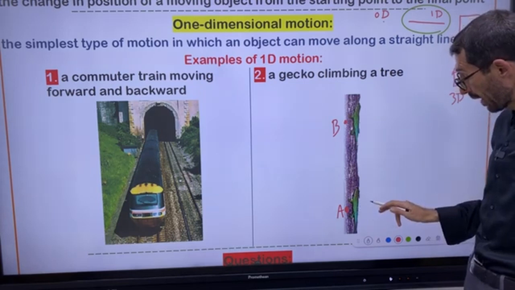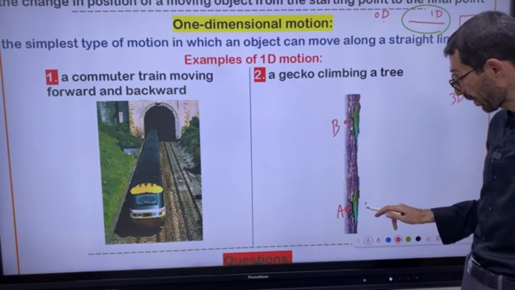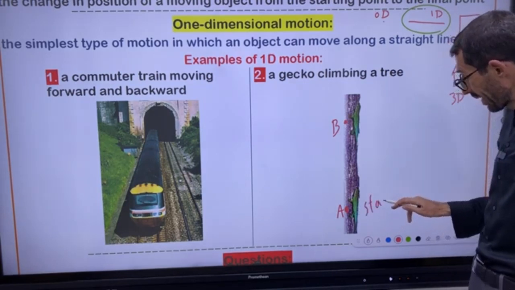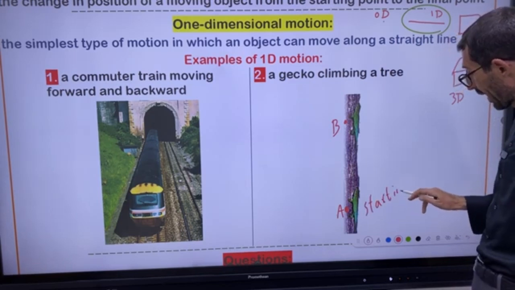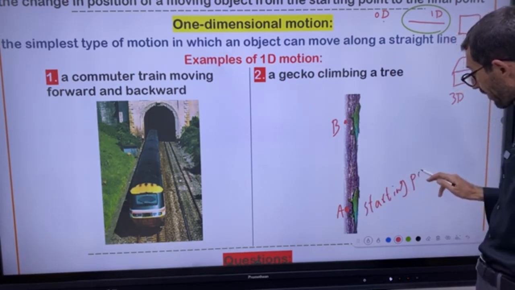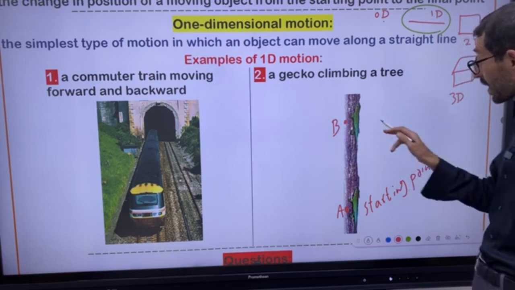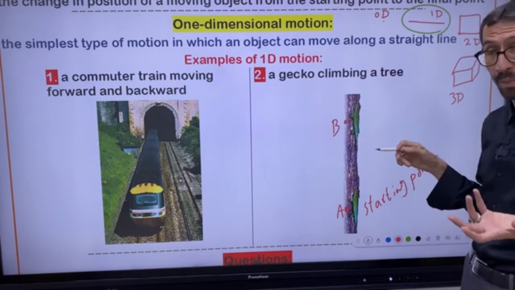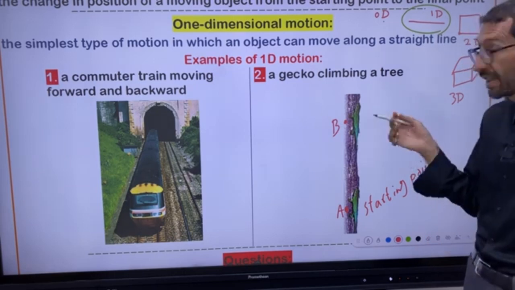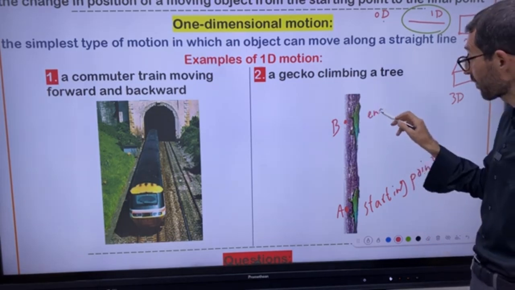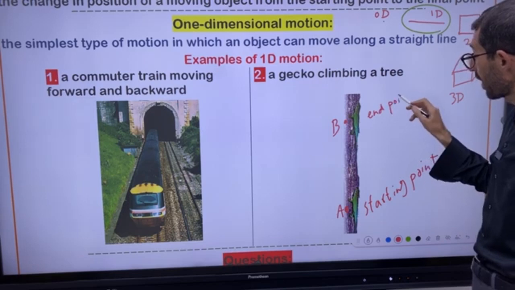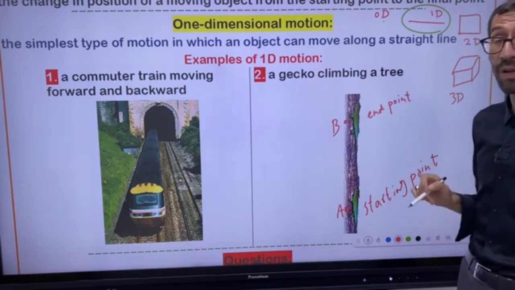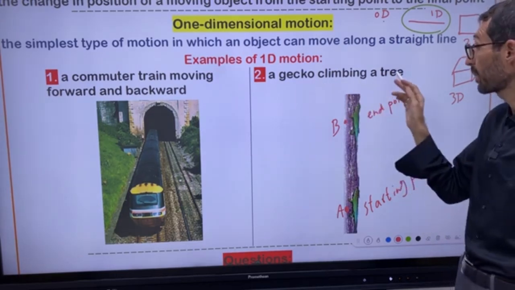This is called the initial point or starting point. And this final position is called the final point or end point. So this is another example of one-dimensional motion, a gecko climbing a tree.